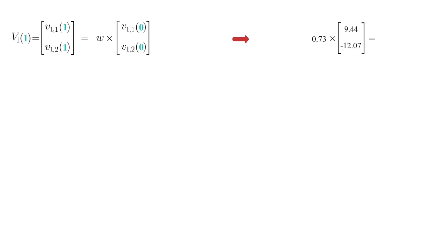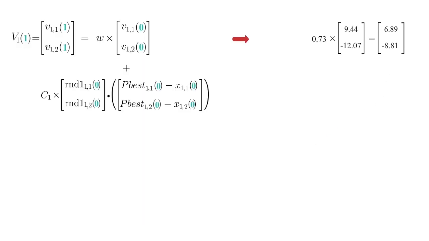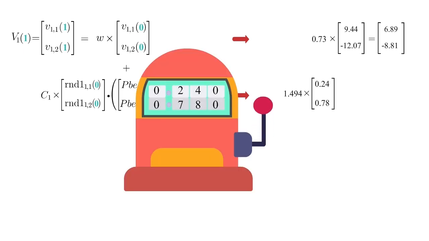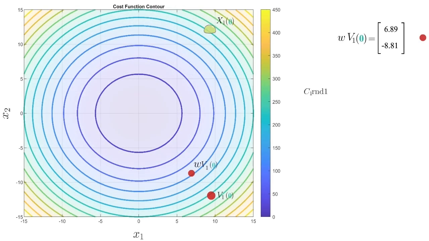Okay, now let's see how the first particle moves based on these equations. The first component of the velocity update is the momentum, representing the scale of the previous velocity. This value is shown in the contour plot here. The second component is the cognitive component. We need to generate random numbers to multiply by the cognitive coefficient and the distance vector from the particle's current position to its personal best position.